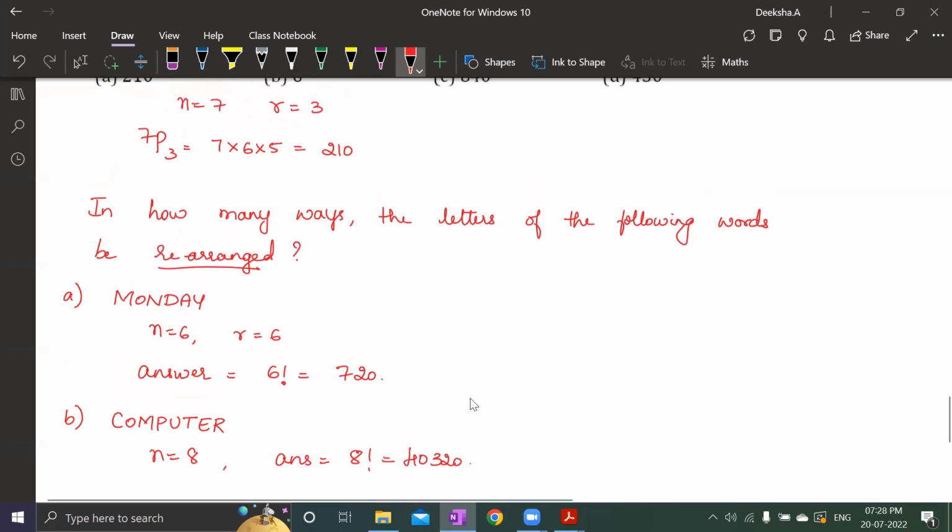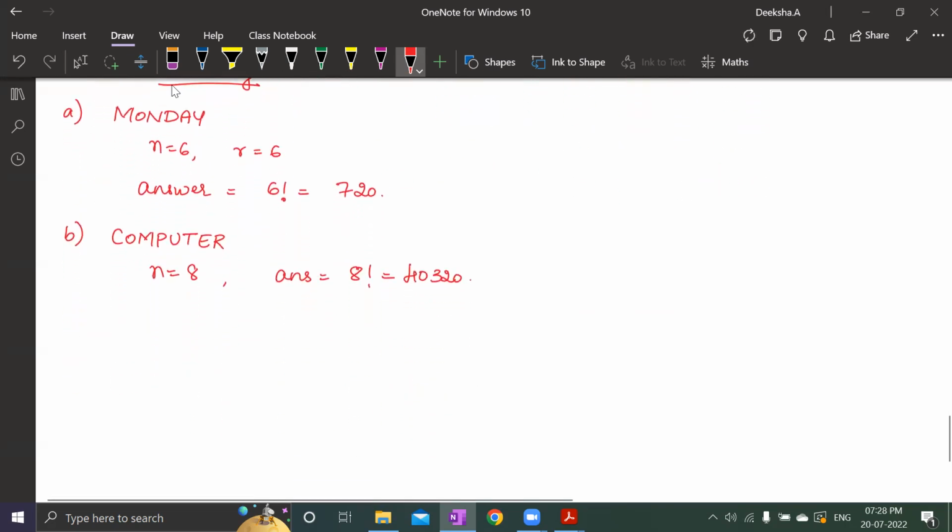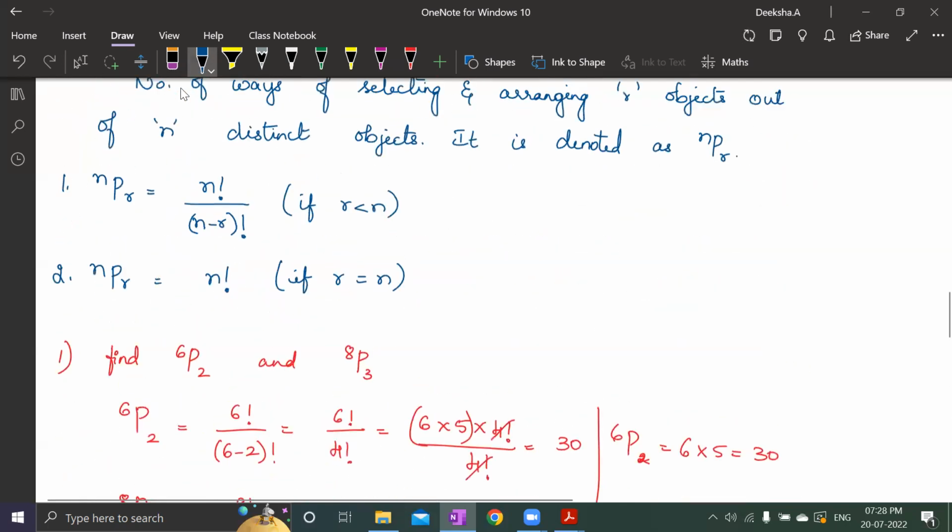Correct. Now you have written formulas, right? There you write the third formula. You have already written 2 formulas, 1 and 2.